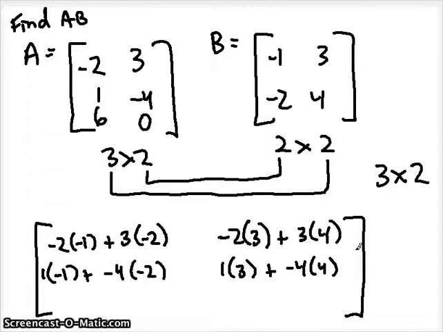Moving on to the third row, we want the spot filled right here. That's third row, first column. So we know we need to multiply third row, first column to get it. First entries would be 6 and -1. And we add that to our second entry product, 0 and -2.